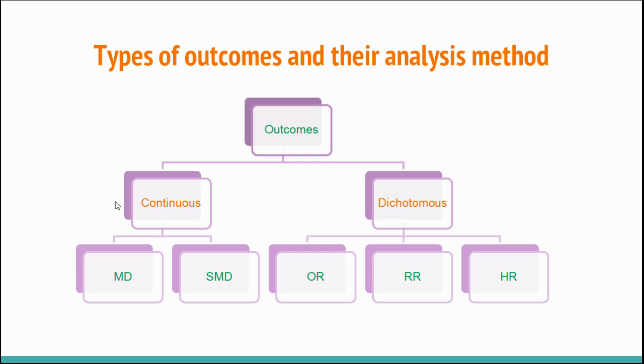For example, recently we were working on a project in which we initially planned to go with biomarkers, which are continuous outcomes, and then we found out that there are not many biomarkers reported in the studies, or if the biomarkers are reported, it is not consistent across the different studies.